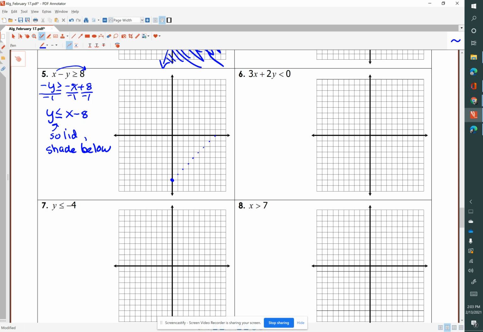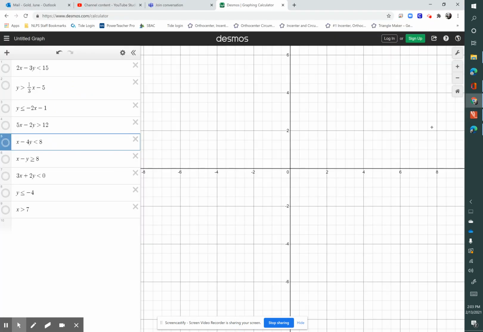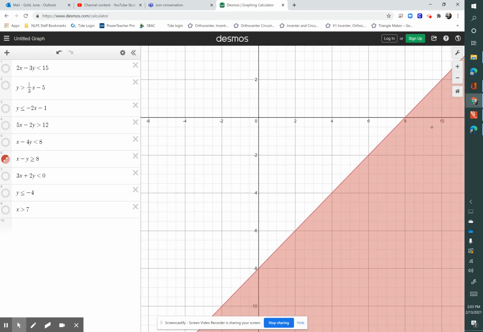And let's draw our solid line. And we'll shade below the line. And there's our graph, and let's compare it with our Desmos graph. There it is. And that's what a slope of 1 looks like. And a slope of -1 would be exactly the opposite.